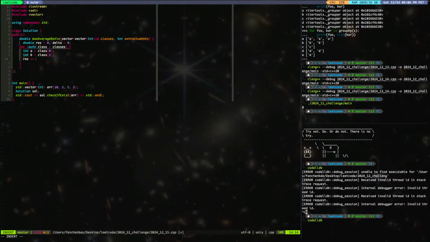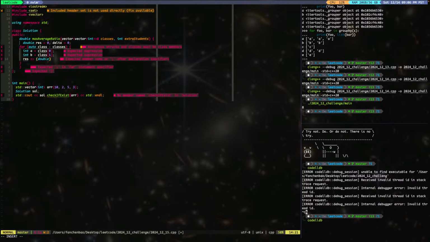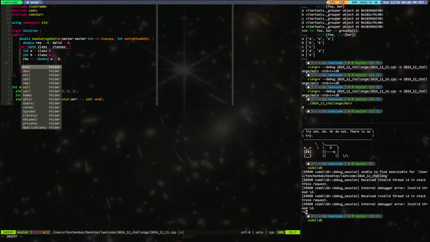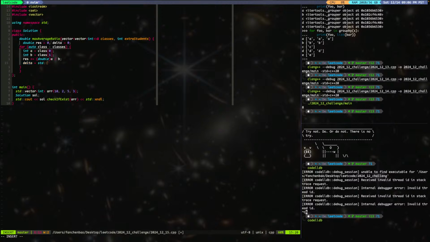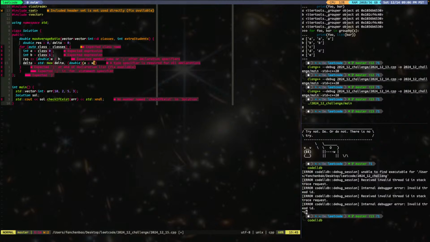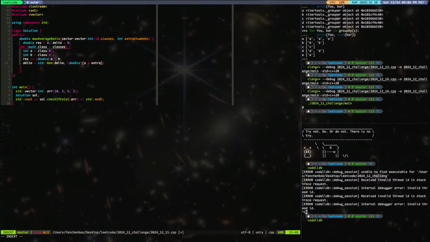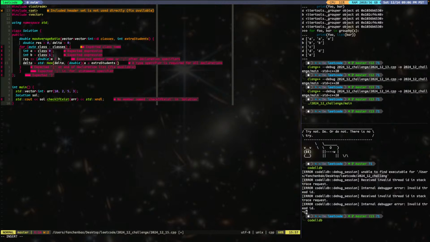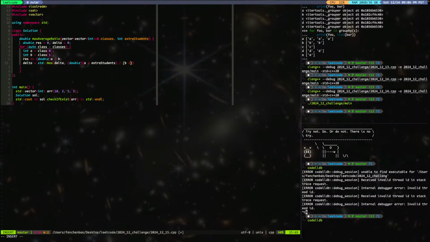Res plus equal to double a divided by b, and delta equal to std maximum delta of double a plus extra students divided by b plus extra students.